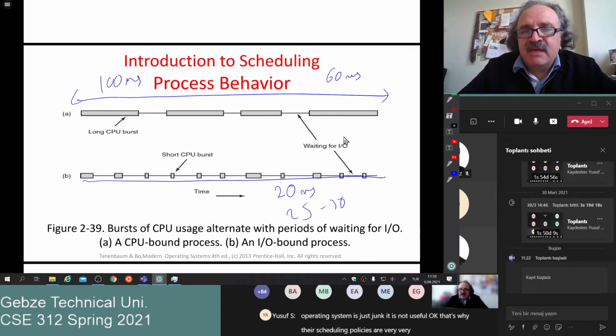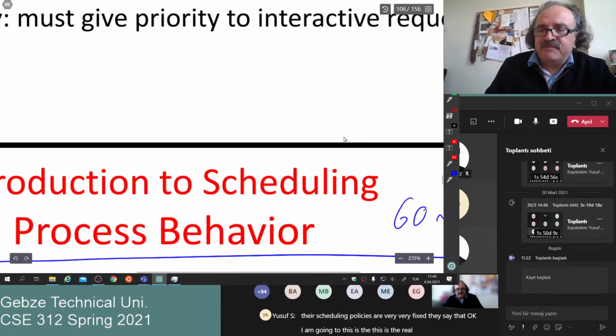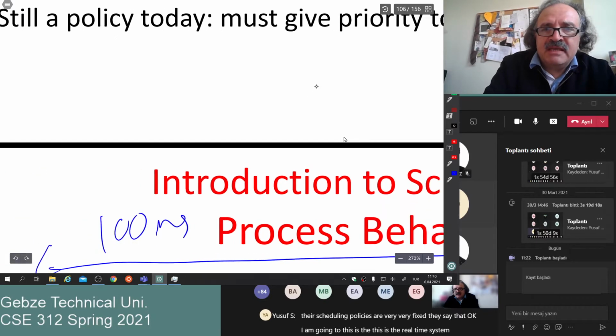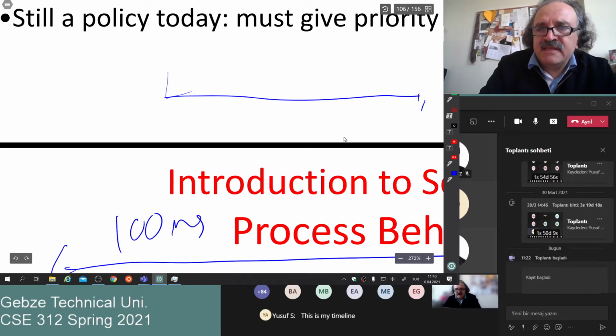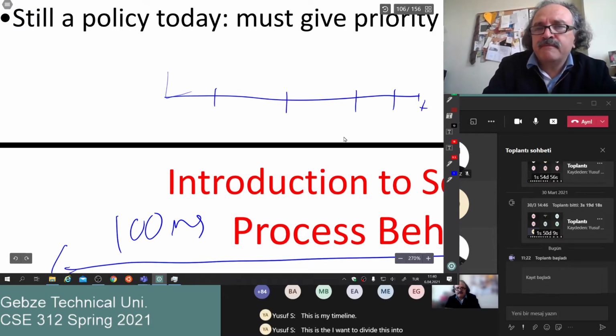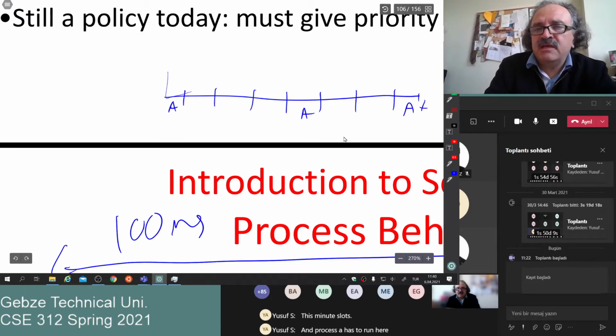They say that, okay, this is the scheduling of a real-time system. This is my timeline, this is T. I am going to divide this into this many slots, and process A has to run here, here, and here.